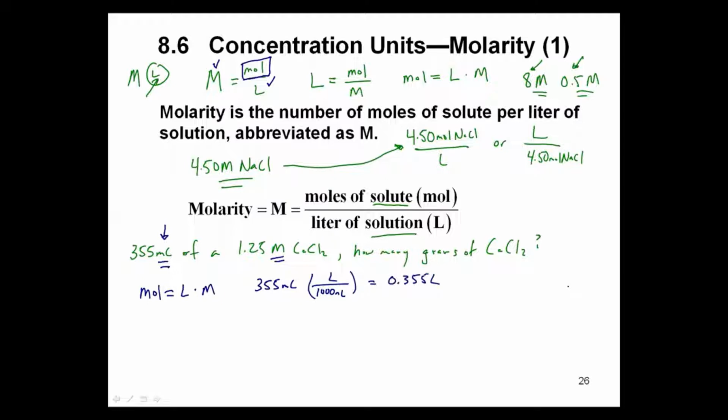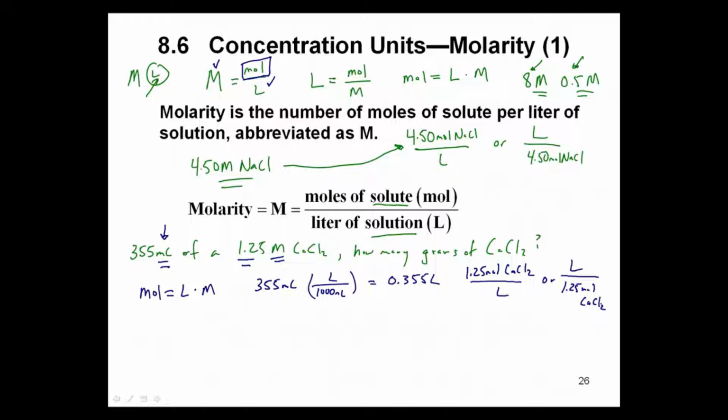Now, when we have something that is 1.25 molar, that becomes 1.25 moles of calcium chloride in a liter of solution. Or again, you could use it as a conversion factor in the opposite way, a liter over 1.25 moles of calcium chloride. So now you have everything in the right units.